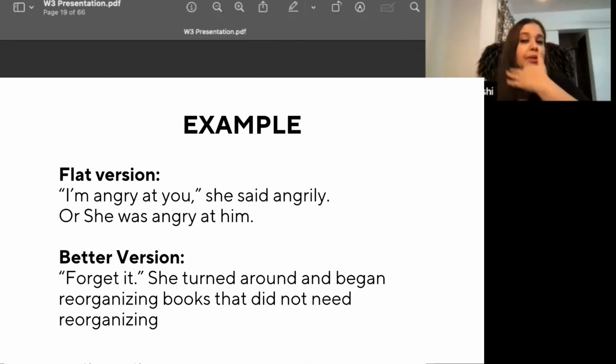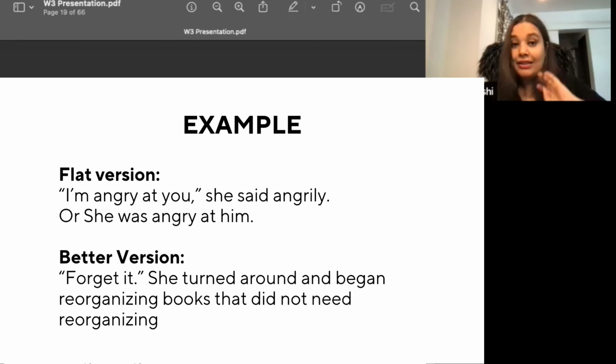Let's look at this example. We have a flat version and we have a better version. In the flat version: "I'm angry at you," she said angrily. Or maybe the narration will just simply say she was angry at him. See, if you're looking at plot progression, it is okay to have something like the second sentence, she was angry at him, if you are leading up to something.